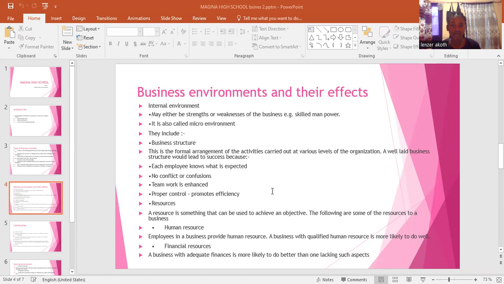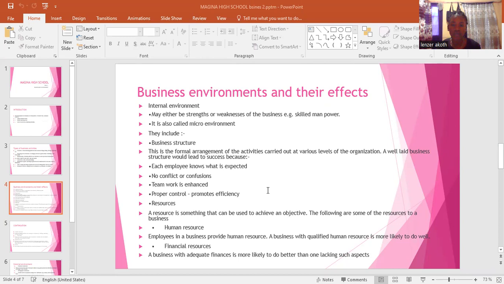Number two are resources. That is the second internal factor. A resource is something that can be used to achieve any objective. The following are some of the resources that a business can use to achieve objectives. We have human resource. Employees in a business provide human resource.